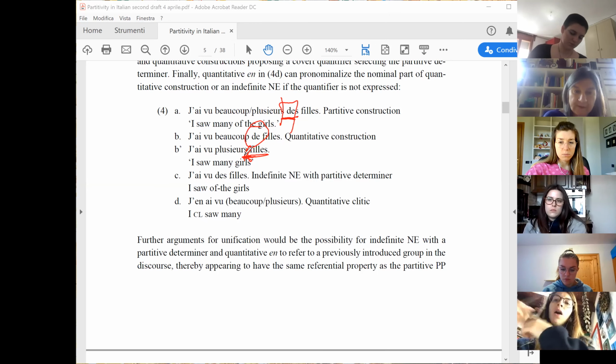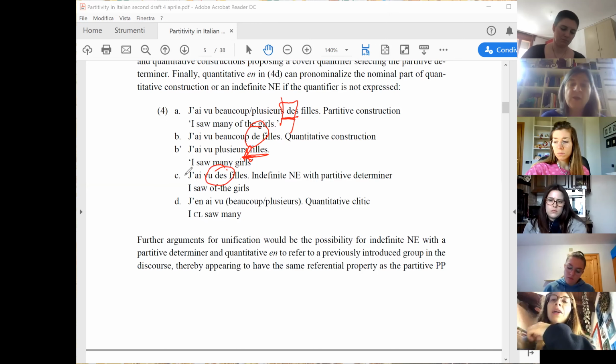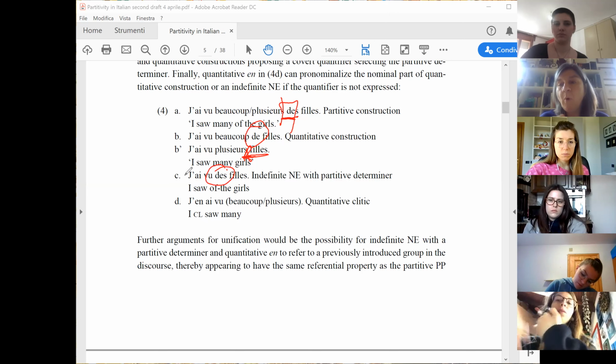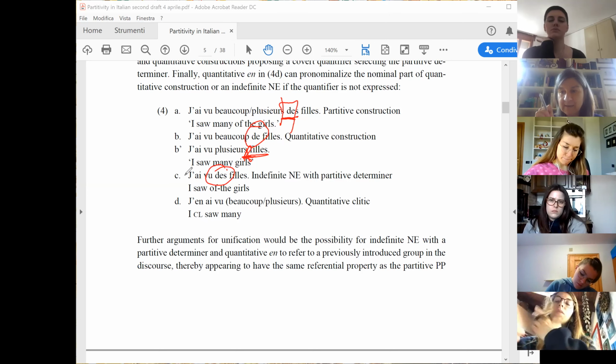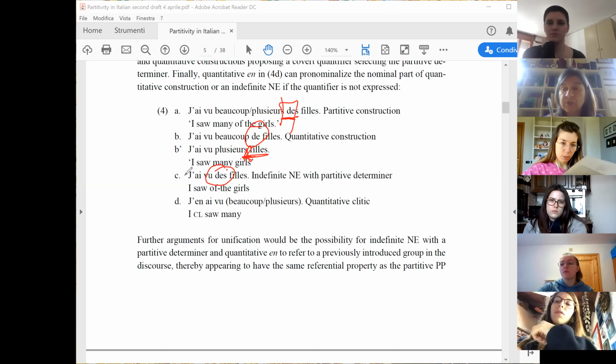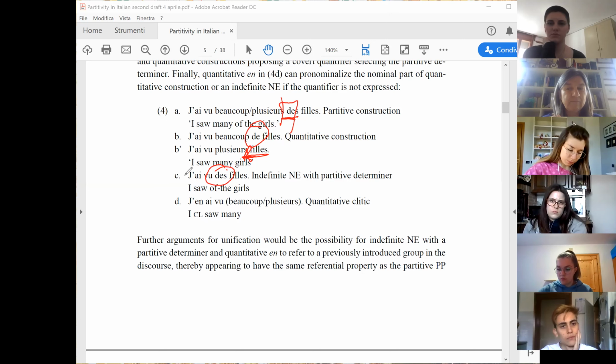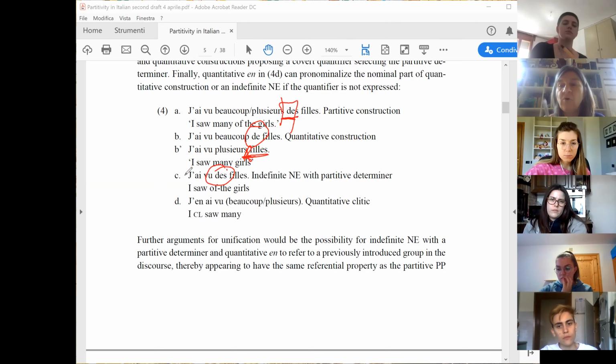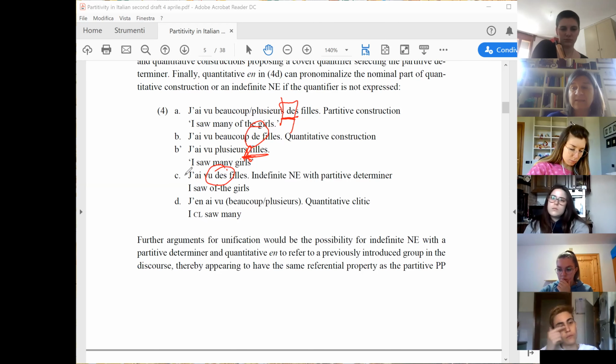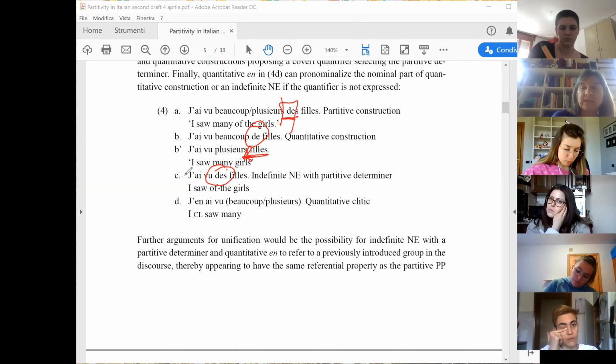And then with French, you have de used even more extensively than in Italian, because in French, there is basically no bare noun, no zero article. So in French, you don't have the choice of saying ho visto ragazze, ho visto delle ragazze.